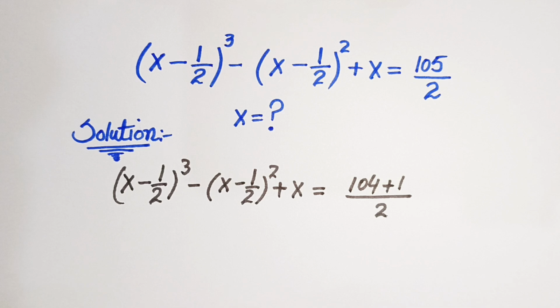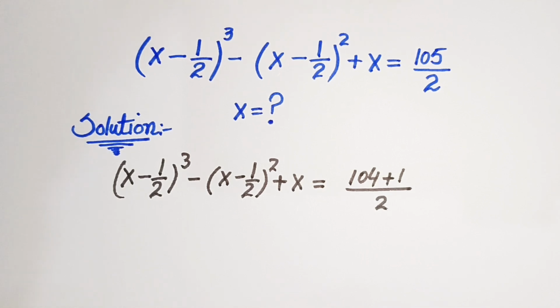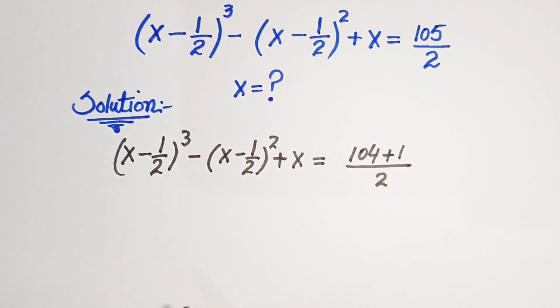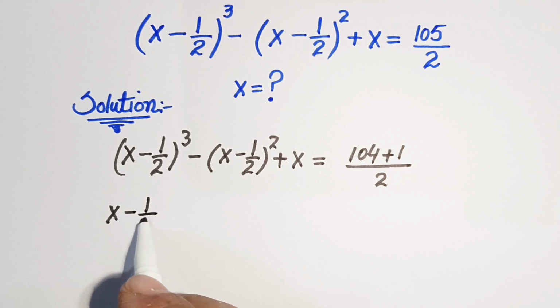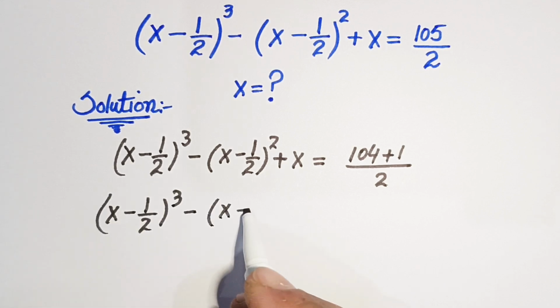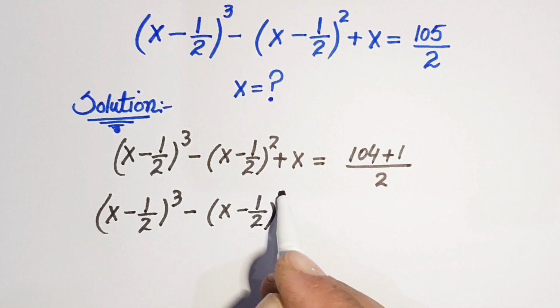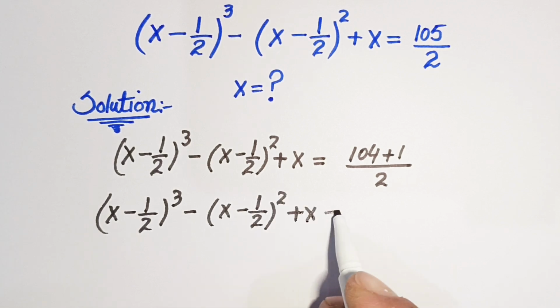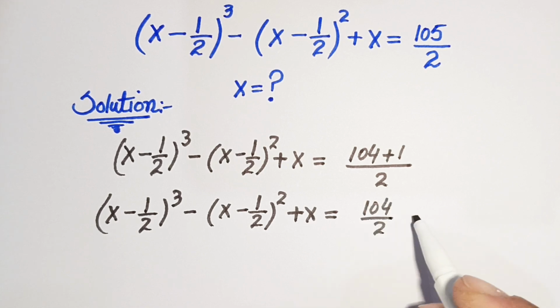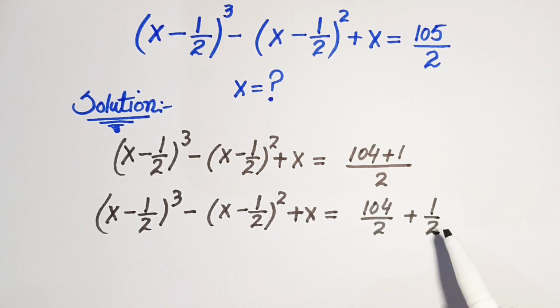So 104 plus 1 is equal to 105, so 105 over 2. Here we have ((x − 1)/2)^3 − ((x − 1)/2)^2 + x, and it can be written as 104/2 + 1/2.